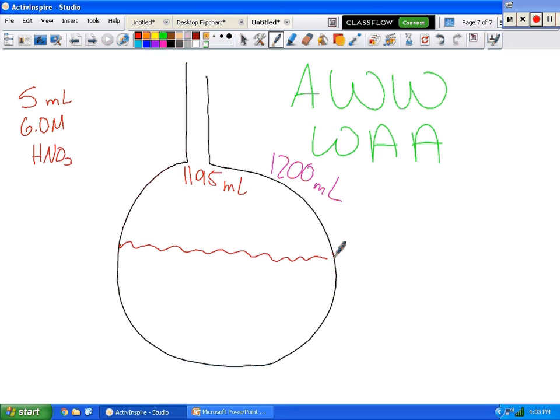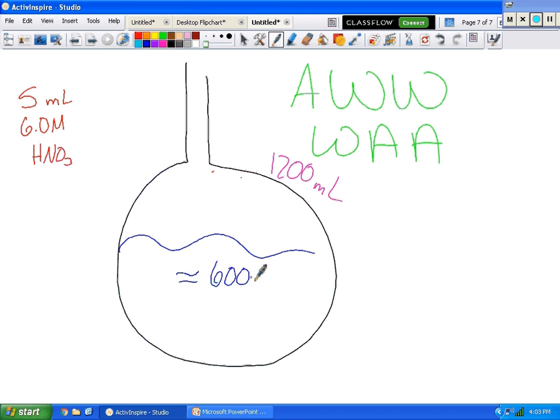No, you can say approximately halfway full. That gives you some wiggle room because you can eyeball half full, right? Okay. Then, so actually, let me change my colors here because it's a lot easier. So we've got approximately 600 milliliters of H2O.